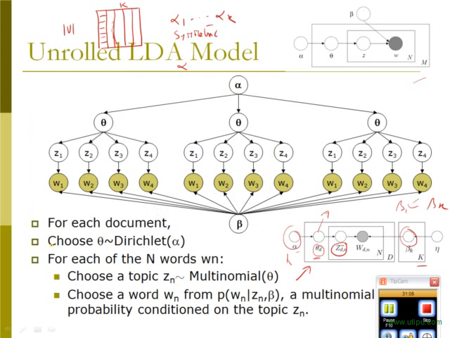So then, what else? You have the betas, which are basically each of the multinomials on the vocabulary for each topic. And they are being picked, each of these multinomials, using the same multinomial Dirichlet prior. And this Dirichlet prior has hyperparameter eta.